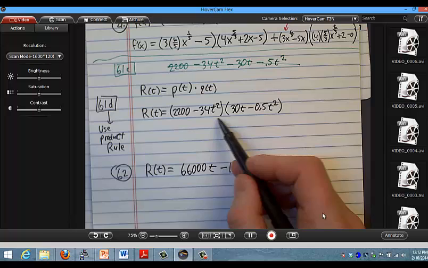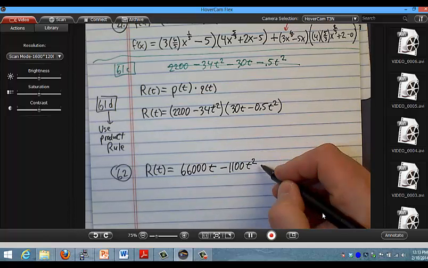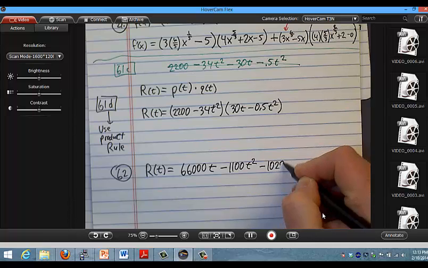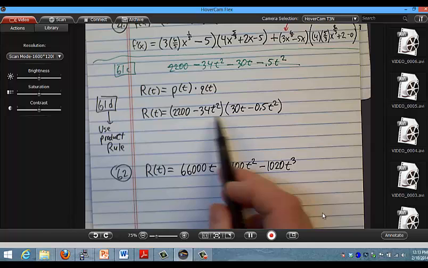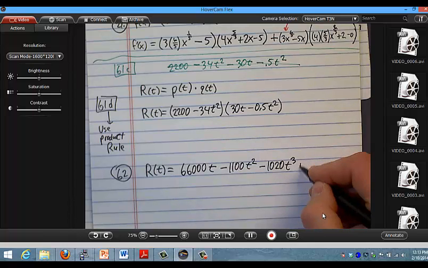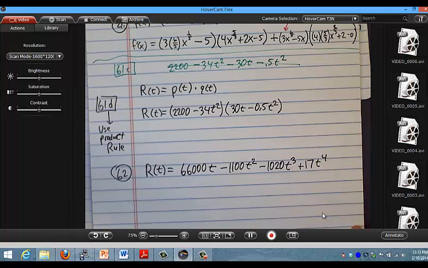And if I do 34 times 30, that's 1020, so this is minus 1020t cubed. And 34 times 1/2 is 17, so I get plus 17t to the 4th. That's what I got for r of t.